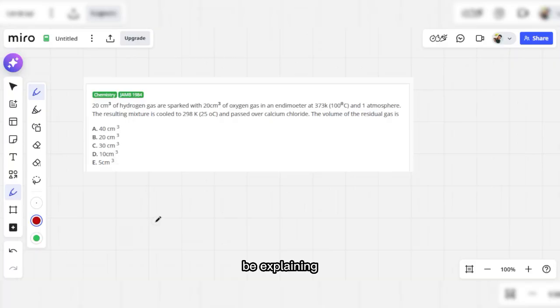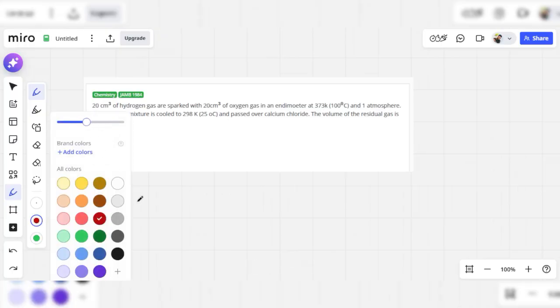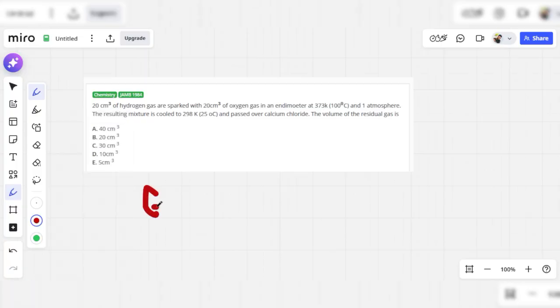So I'm going to be explaining the popular Gay-Lussac's law in the course of this class. This is called the Gay-Lussac law of combining volumes.